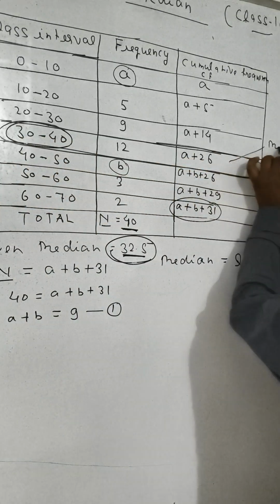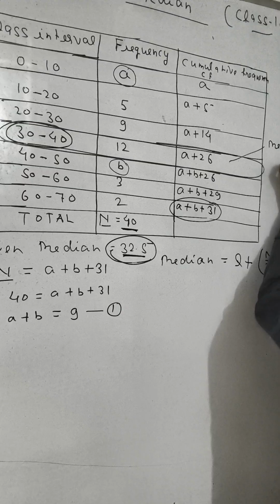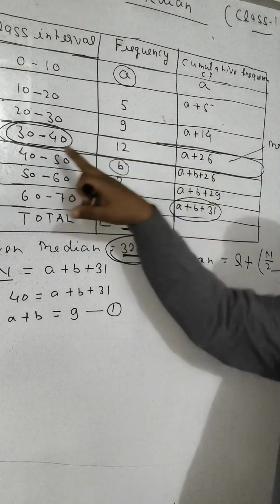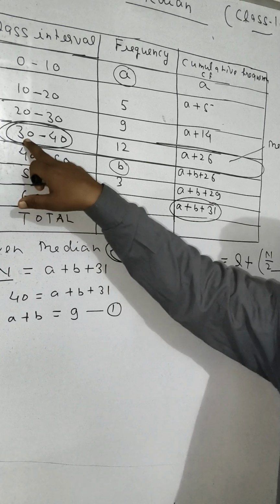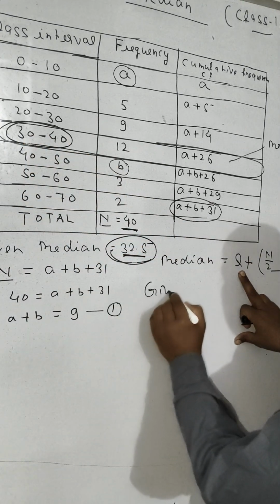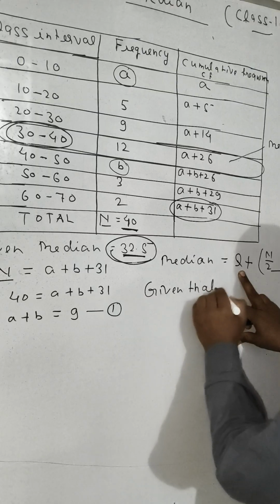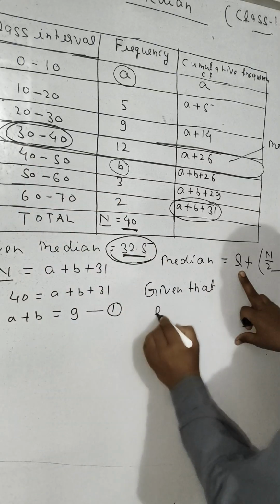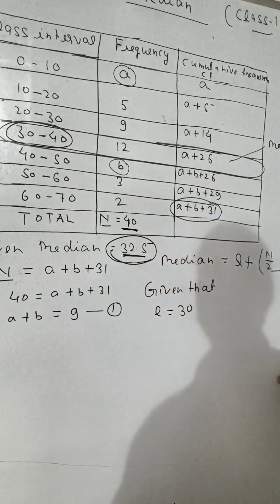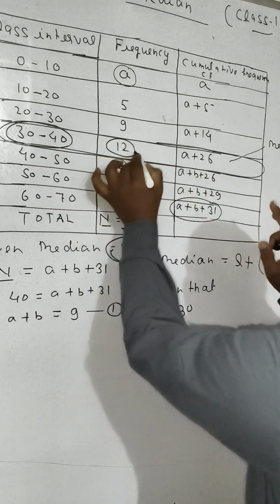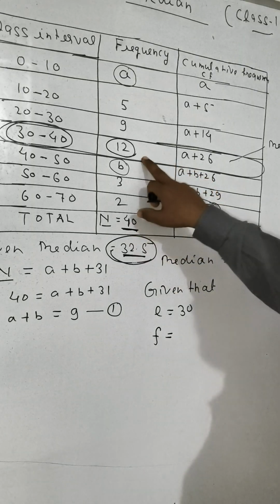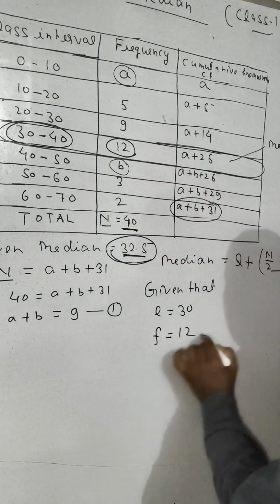So you just write the median class. The lower limit of this median class is 30, and L is the lower limit of the median class, so L is 30. F is the frequency of the median class, that will be 12.